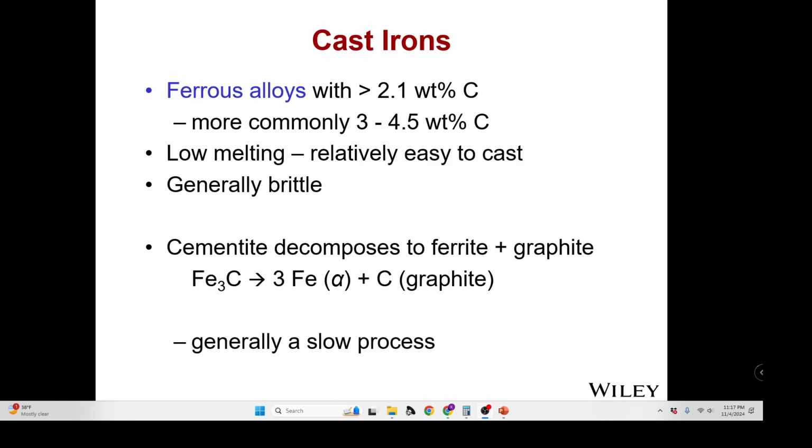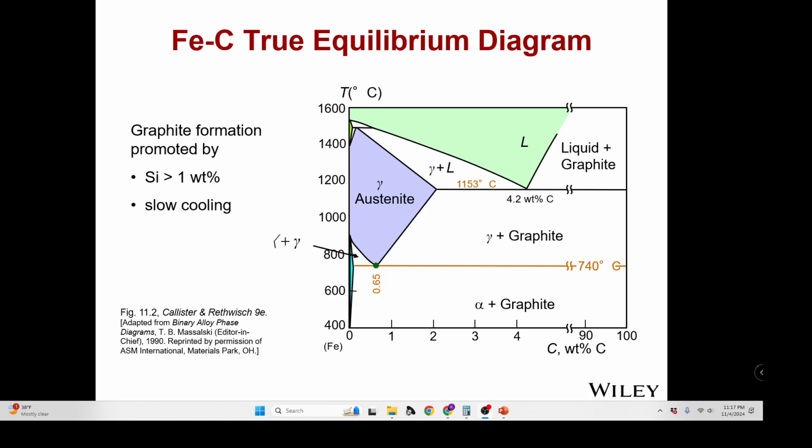Especially the cheaper they are, the more graphite you'll tend to find. Generally that's a slow process for the decomposition of iron carbide to ferrite and graphite.